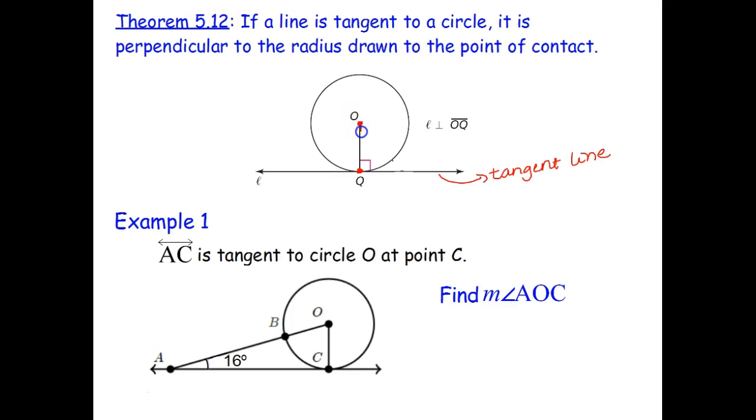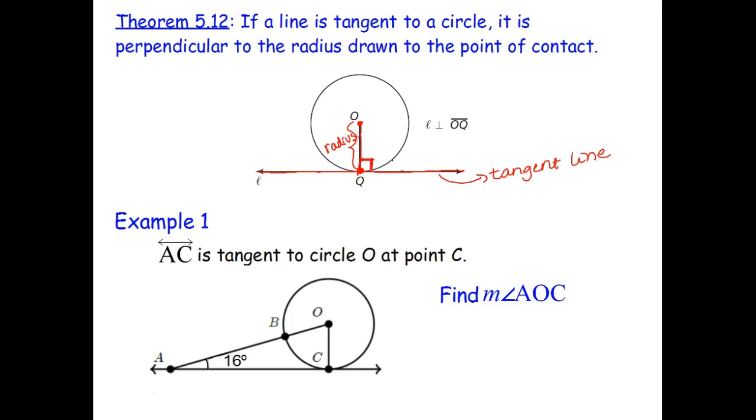So the radius, remember, goes from the center to the edge of the circle at the point of contact. Basically all that means is that if you have a tangent and a radius touching each other where the tangent meets the circle, then that creates a right angle, perpendicular lines. So here's your radius. Okay?